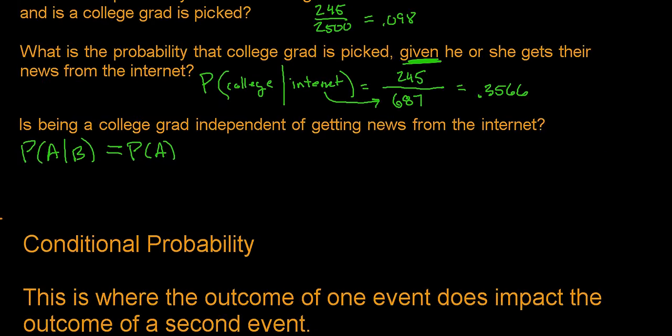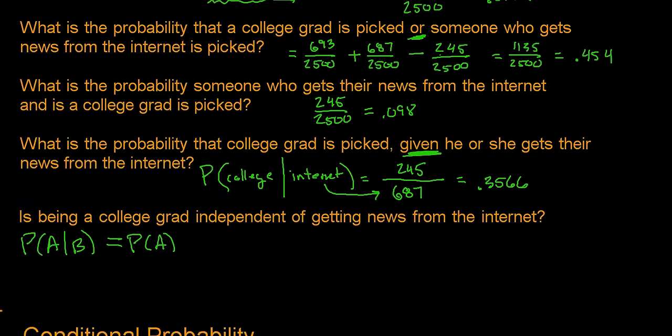So if I want to show that being a college graduate is independent of getting news from the internet, I need to show that the probability of being a college graduate, given I get my news from the internet, is exactly the same as the probability of being a college graduate. What I want to show you is that getting your news from the internet doesn't affect being a college graduate. Well, let's find out. What's the probability you're a college graduate?